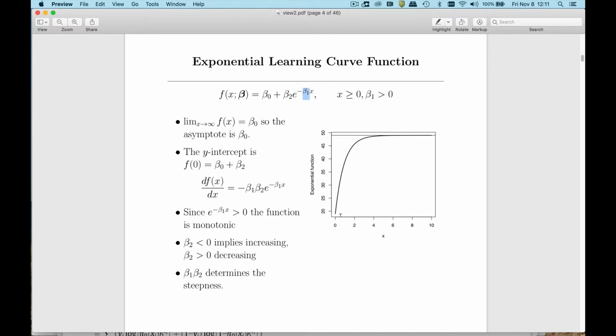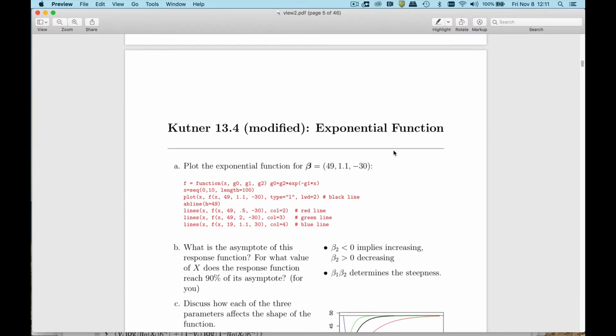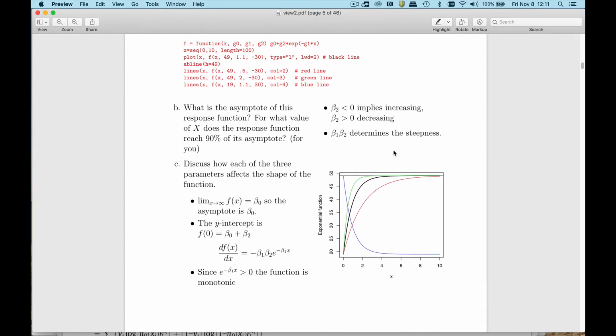Well, beta 1, you could say, is the steepness or the learning rate. How fast does this thing learn? As beta 1 gets bigger, you get a curve that approaches the asymptote more quickly. As beta 1 gets smaller, it approaches it less quickly. I've actually shown this on the next slide, where you can see the black line.